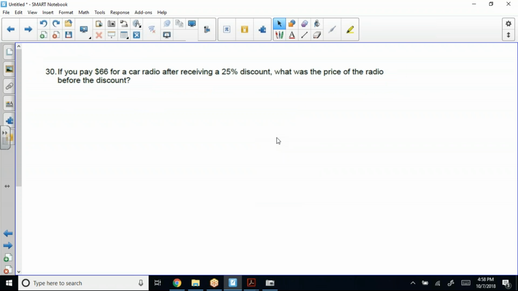All right, now let's kind of look at this. If you pay $66 for a car radio after receiving the discount, what was the price of the radio before the discount, right?